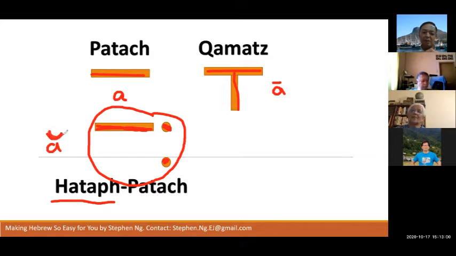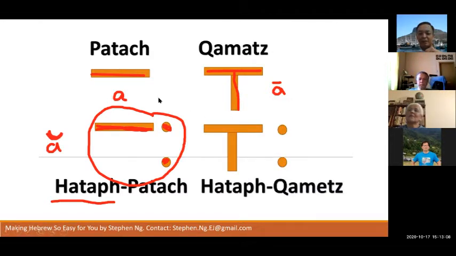Then you have another one, hataf kamats. You think in terms of the kamats here, and you have the schwa here as well. So it's a reduced A vowel, and most of the time it's actually an O, but don't worry about that first.